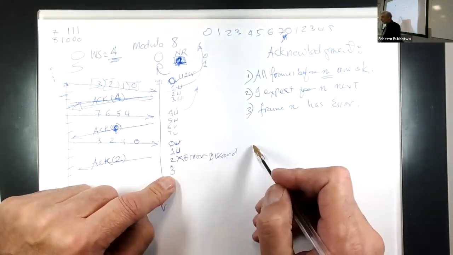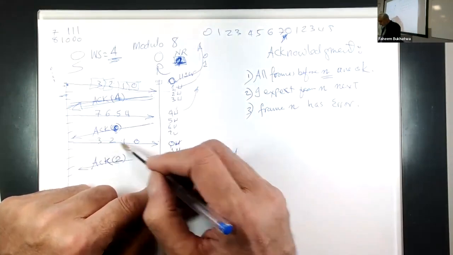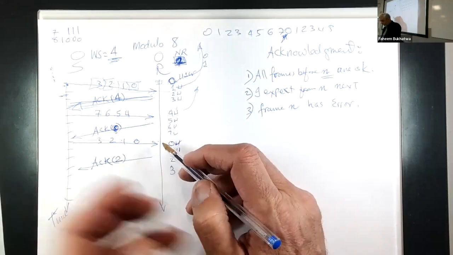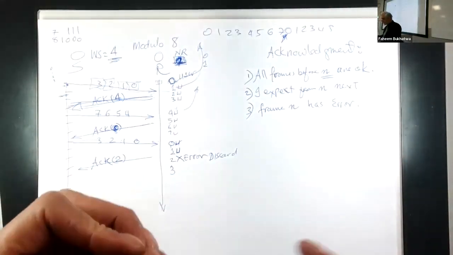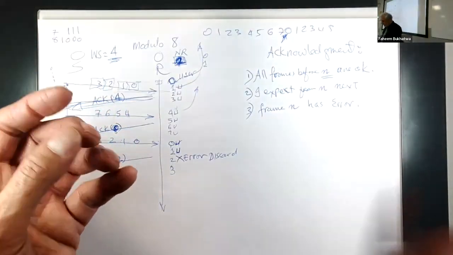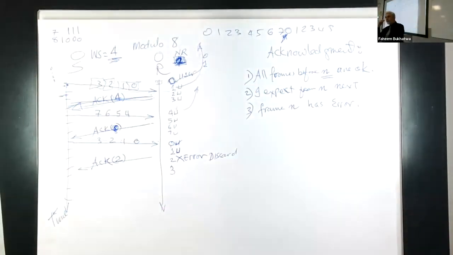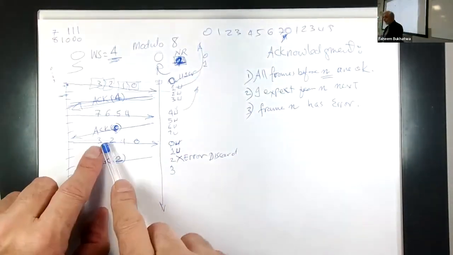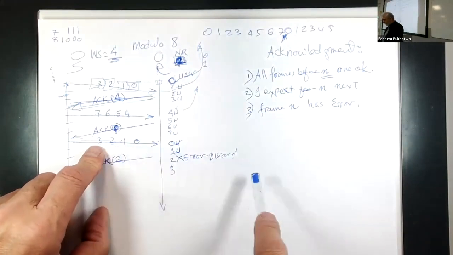I discarded it. But in the memory, remember, those 4 were already sent earlier. They're all sitting in my memory. 0, 1, 2. I got 0, it's good. Send it to my user. 1, good. Send it to my user. Number 2 has an error. Discard it and send an acknowledgement to the sender. Now I look and there's another frame. I pick it up. It's number 3. Hey, I'm waiting on number 2.